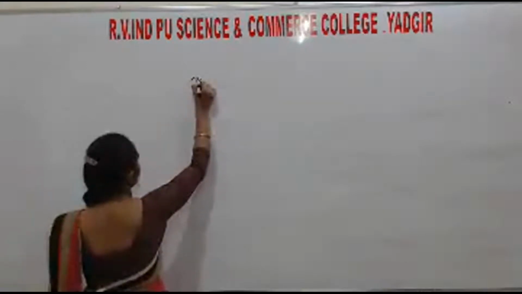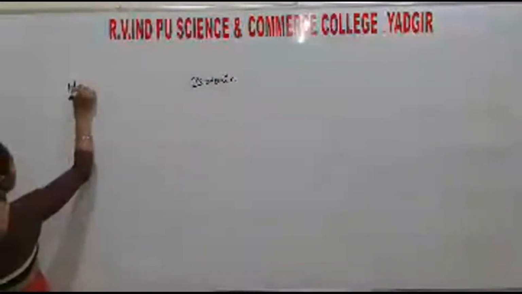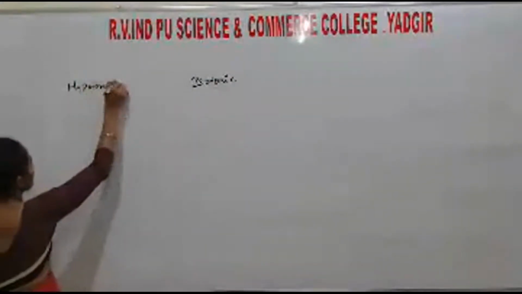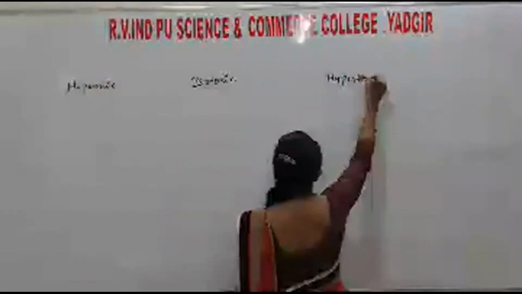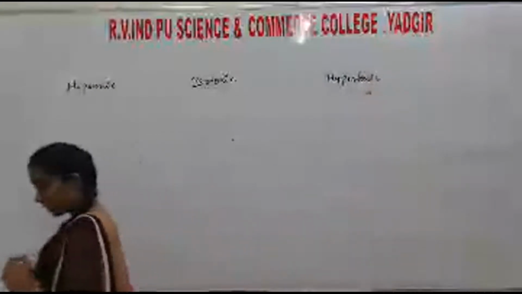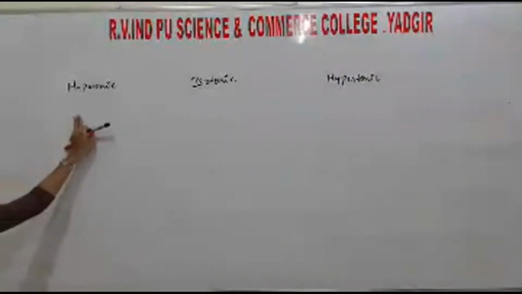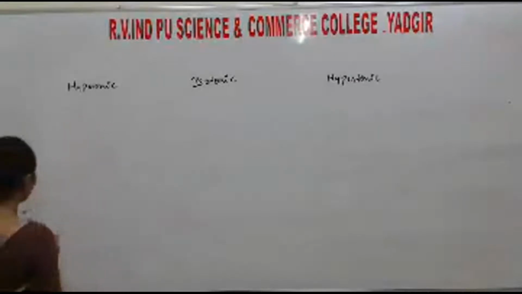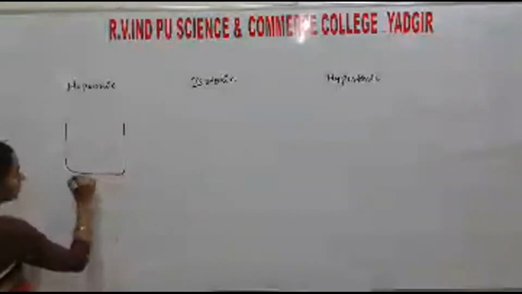Okay, I will write the diagrams here. Isotonic, hypotonic, hypertonic. Here isotonic is there, hypotonic is there, and hypertonic is there. So if you observe, I will write the diagram here.